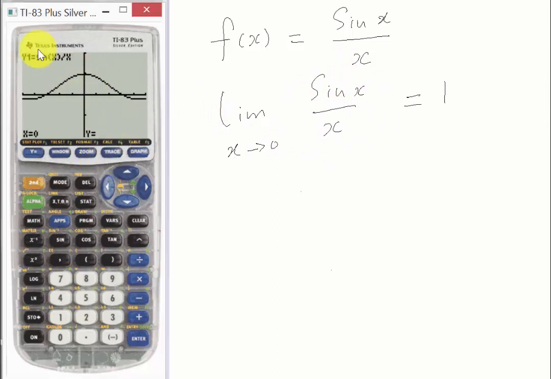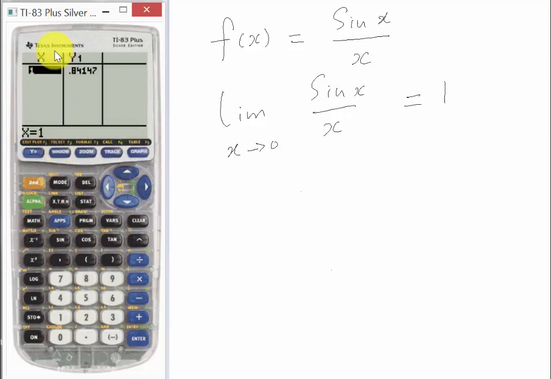If we go to trace at x equals 0, there's no y value, meaning it's not defined at x equals 0. If you go a little bit further, at other x values there are y values. Also, if you go to the table and put x equals 0, you're going to see that there is an error.